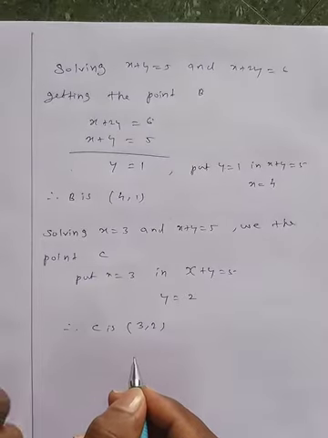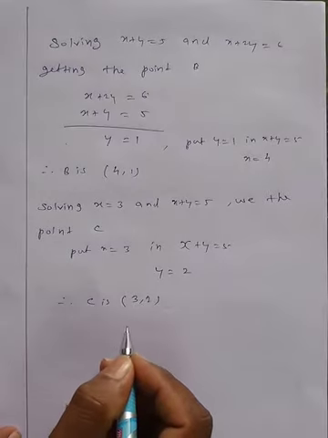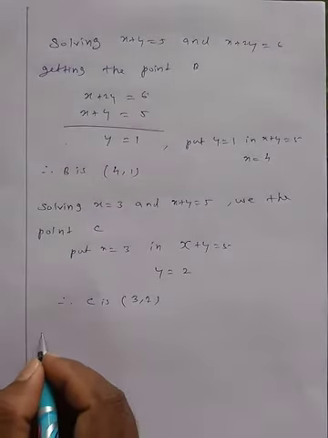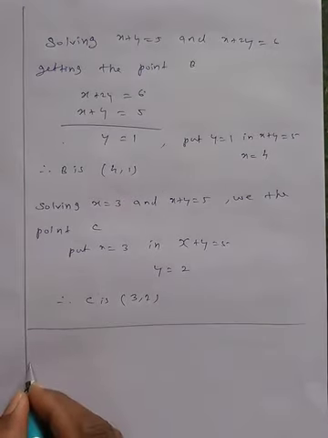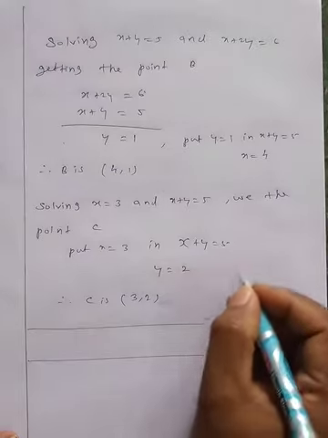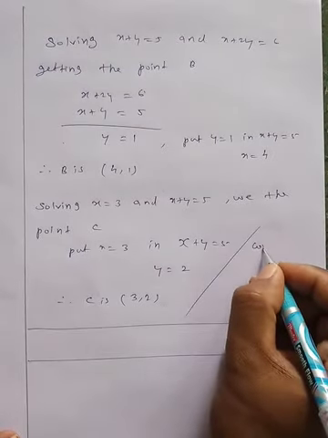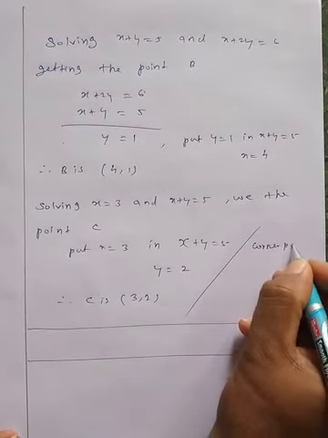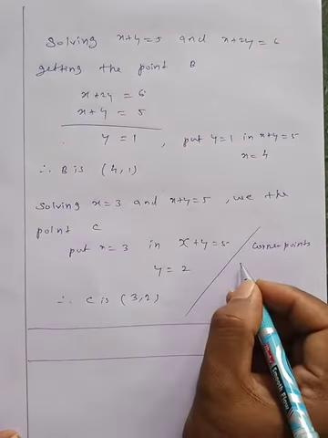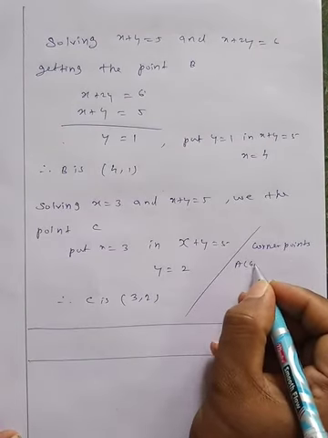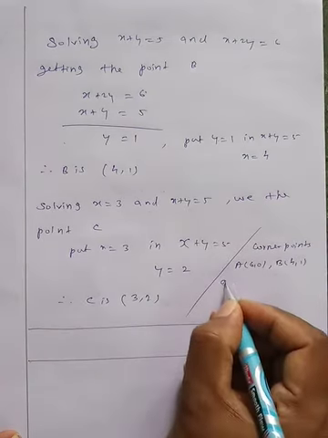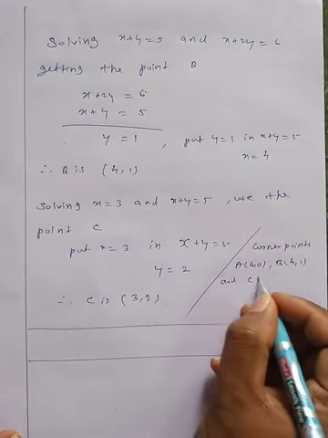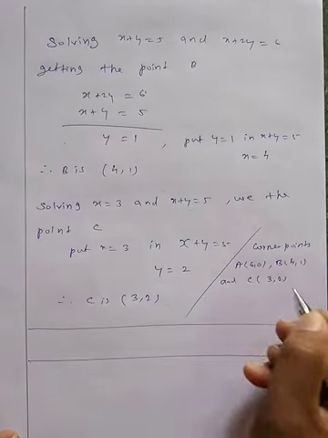Now find the z values of the corner points. Here are the corner points: A (6, 0), B (4, 1) and C (3, 2).